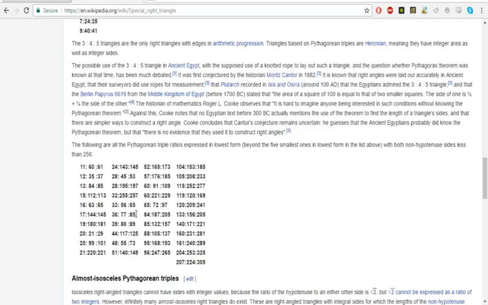And 1,960,049 has 1, 2, 3, 4, 5, 6, 7, 8, 9, 10, 11, 12 possibilities. Like, what the hell? Some numbers have 12 possibilities.